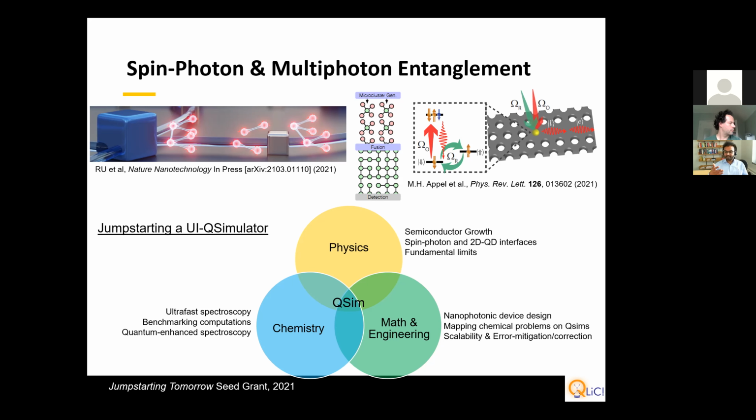So generating n photons using n sources is always going to be better, as long as all the sources are nearly identical. At least the degree of indistinguishability between the sources should be greater than or equal to the efficiency of the demultiplexer. If we can reach that regime, then it's actually better to just have independent sources.